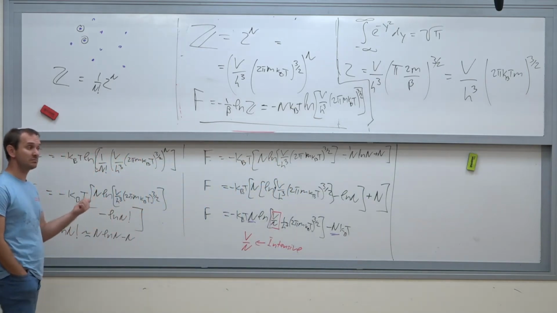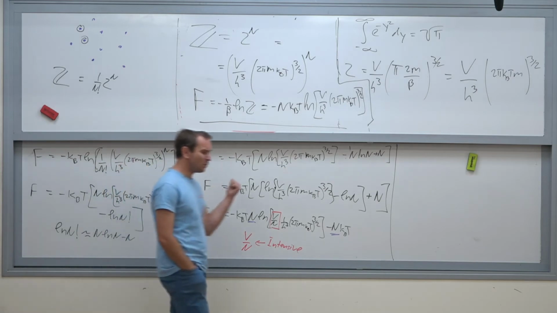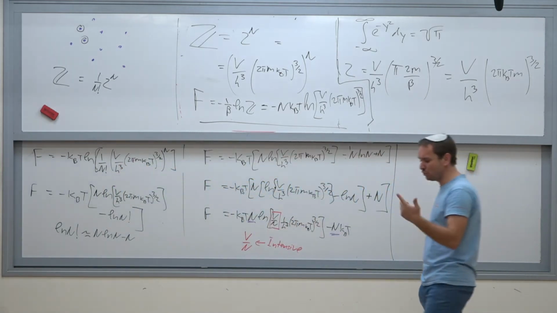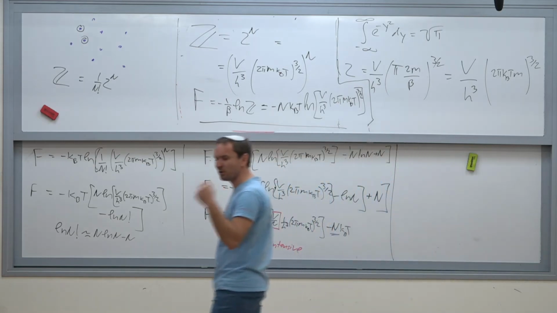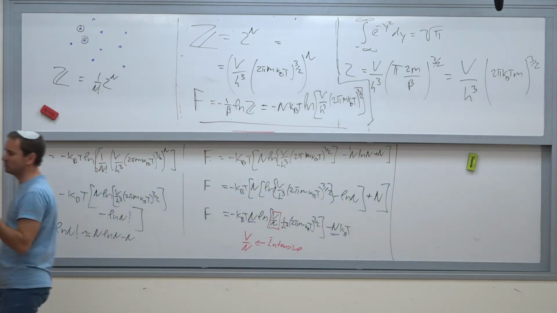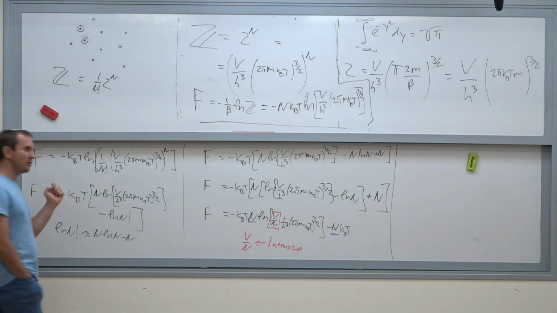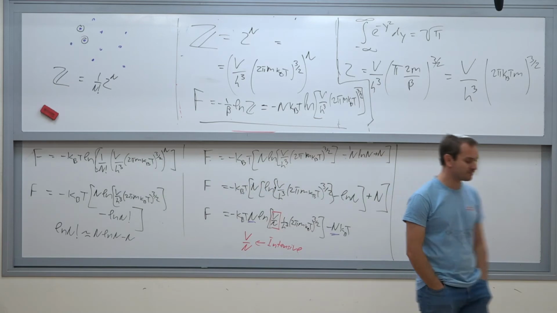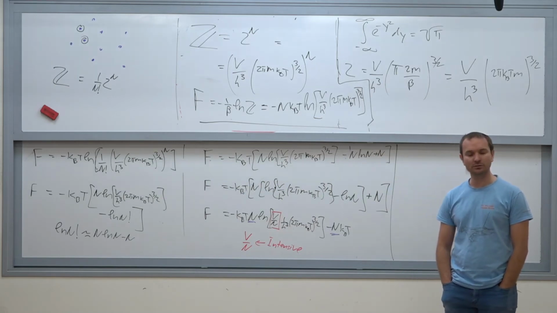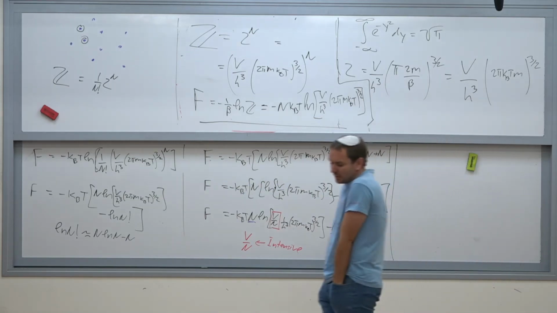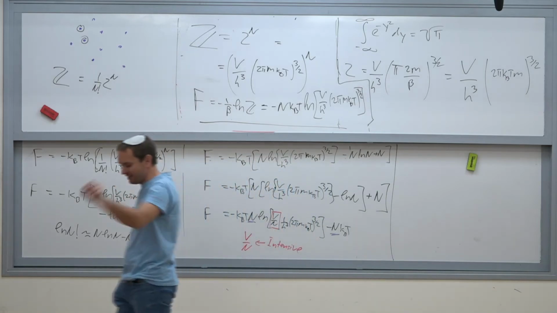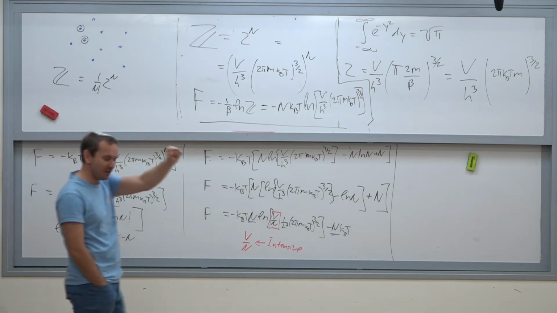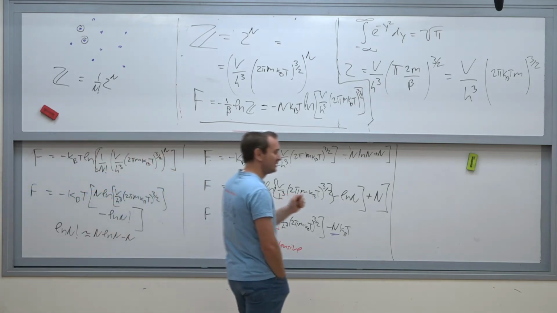So it works. The question is why it works, and why we have to treat our particles as indistinguishable. There is no answer to this paradox from the classical point of view. Because from the classical point of view, I can take the particle and follow it and say this is the particle and this is the other particle and they're all distinguishable.